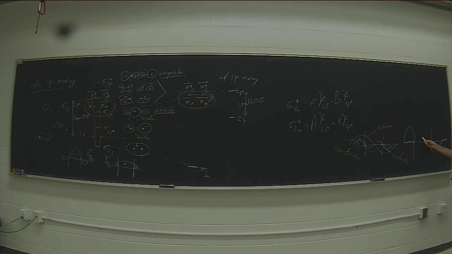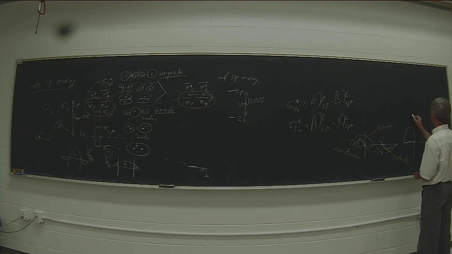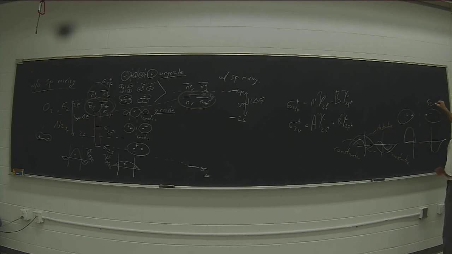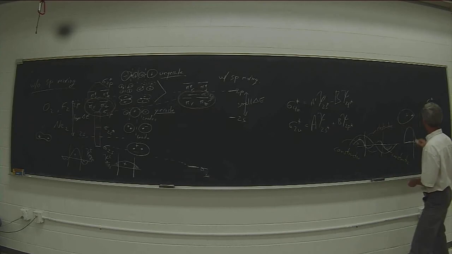It will just have less electron density between the nuclei and more electron density outside the nuclei. So it'll look more like this. It's less effectively anti-bonding.